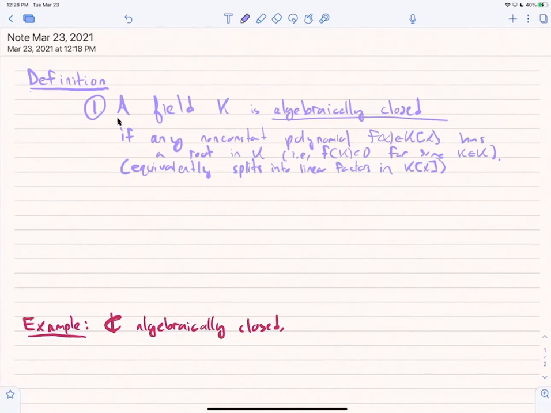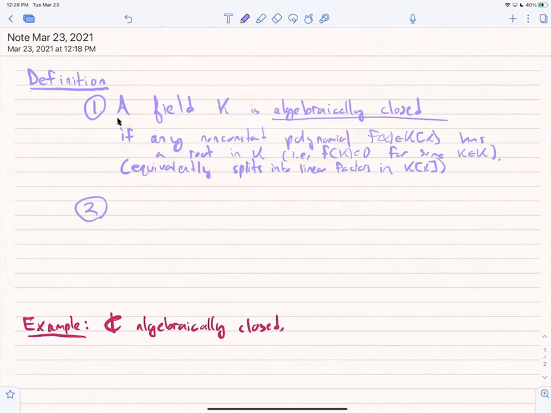So why is this equivalent? Well, if it splits into linear factors, certainly it has a root. On the other hand, if you can find one root, then you can divide out by the corresponding linear factor, and you have some new polynomial, and that one also has a root, and so you just repeat until you get your factorization.